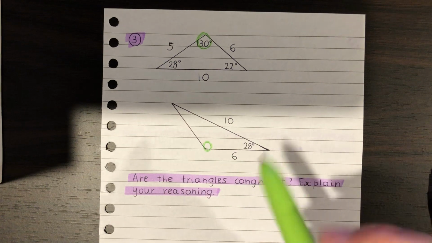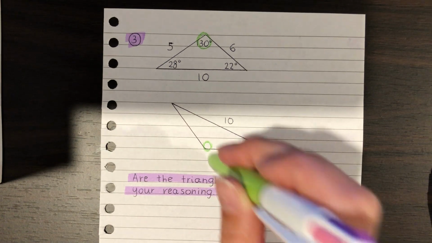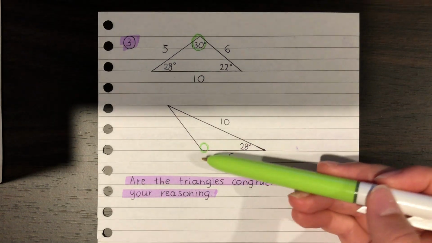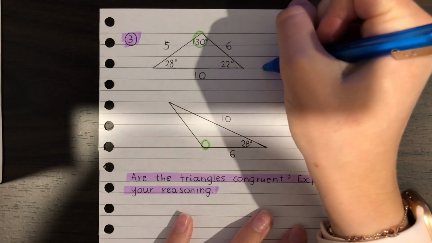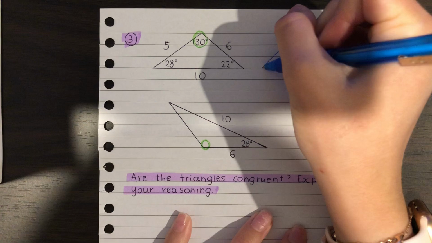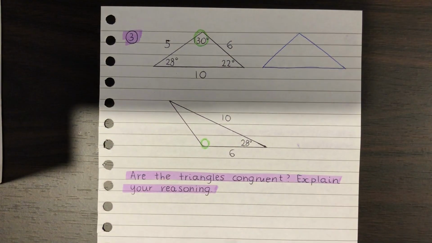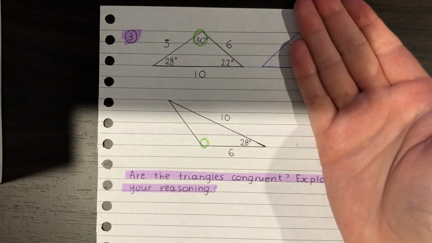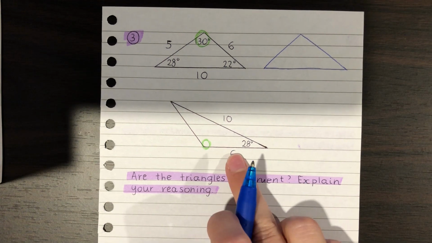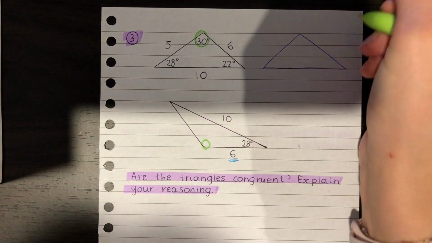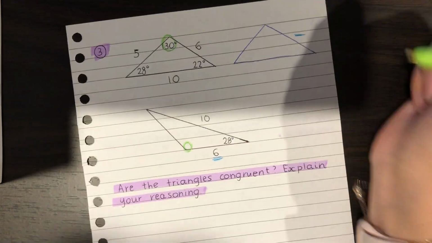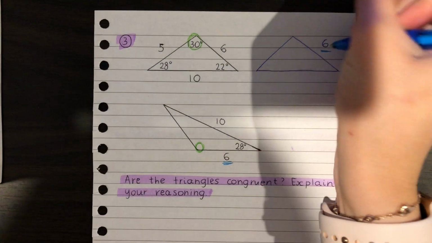So I'm using that as my starting point. Okay, so I need to flip this so that this ends up being here. Now, if I turned the triangle like that, this 6 would end up being here. So I can write 6 there.